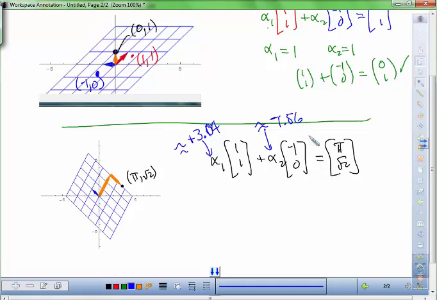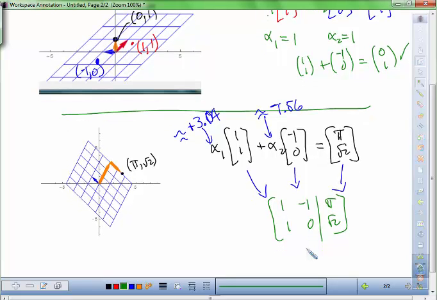Right? So if you take this system and write it as an augmented matrix, 1, -1, pi, 1, 0, square root of 2, and do the row reduction, you can find the exact value.